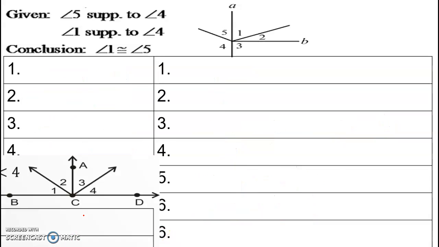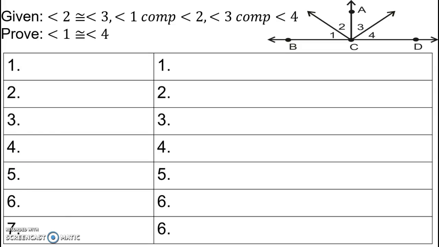Okay, how about this? Now we can use that theorem to prove this one. We don't have to take the long route. So here we are given that angle 2 is congruent to angle 3. Angle 1 and 2 are complementary, and angle 3 and 4 are complementary. So we can simply say angle 1 is complementary to angle 2, given.